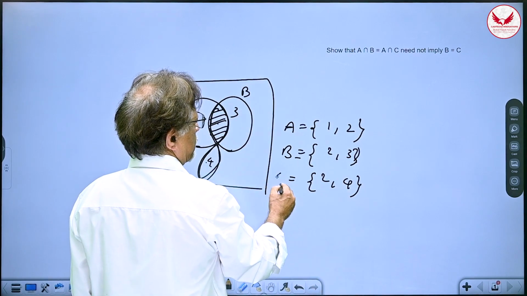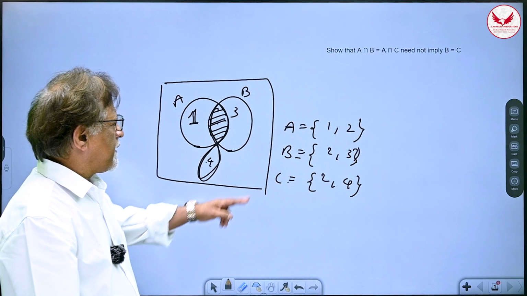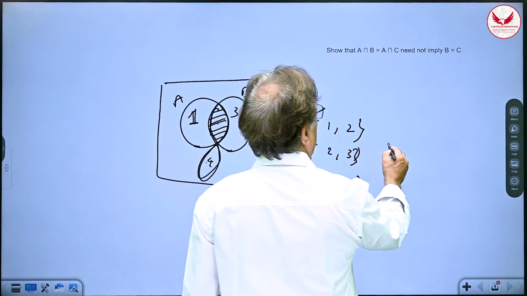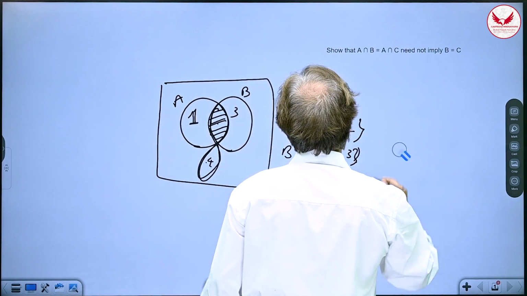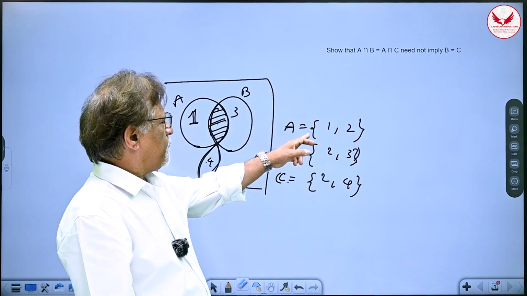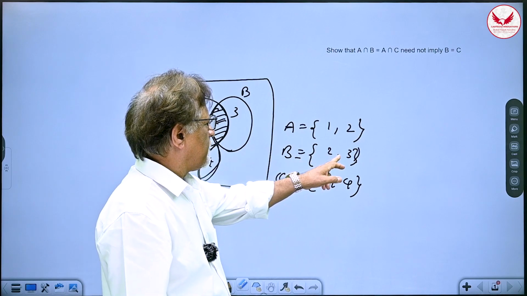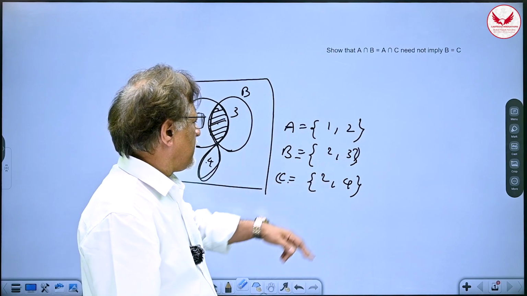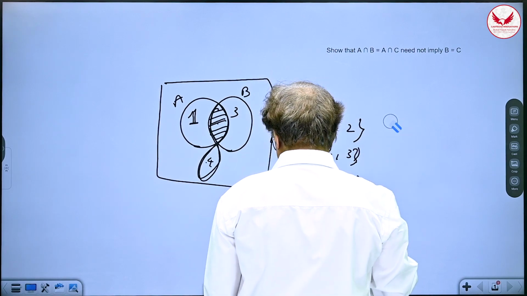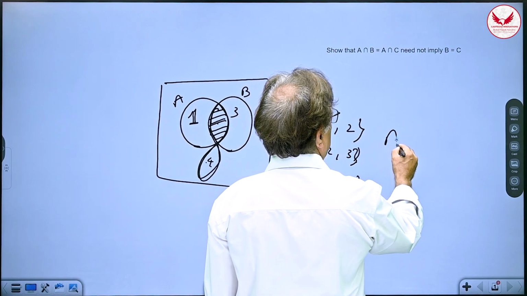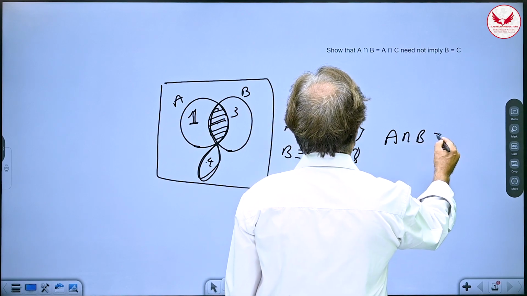So, what is A intersection B? So I take a set A, which is 1, 2, B, which contains 2, 3, and C, which contains 2, 4. A intersection B is nothing but 2.